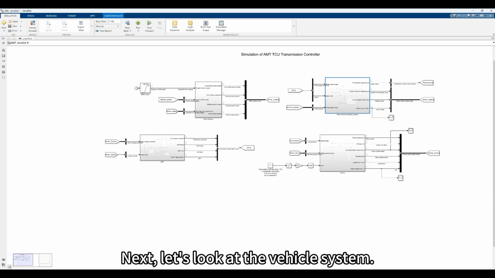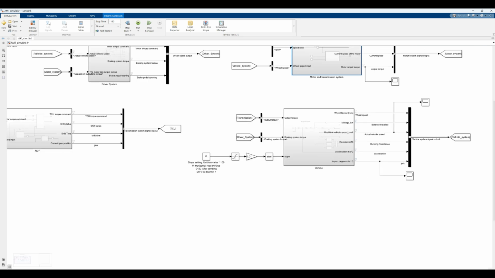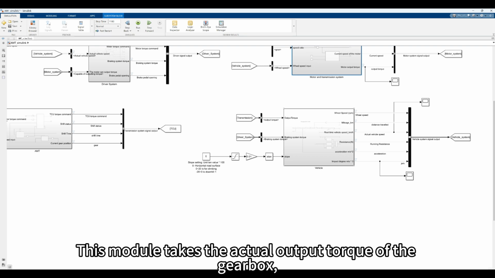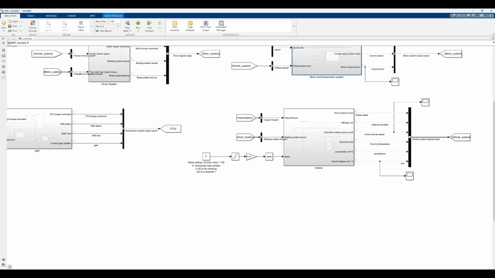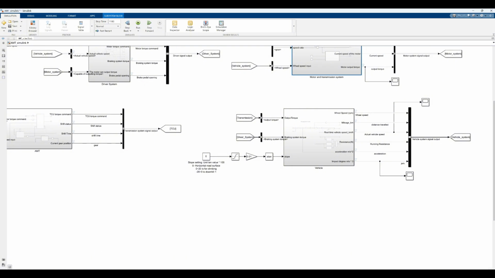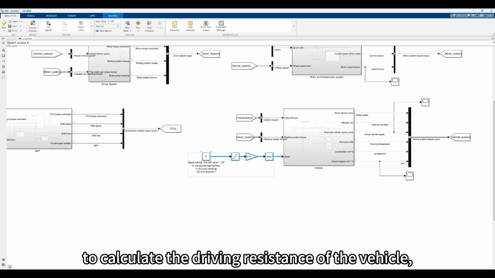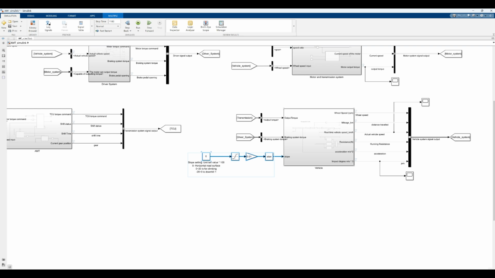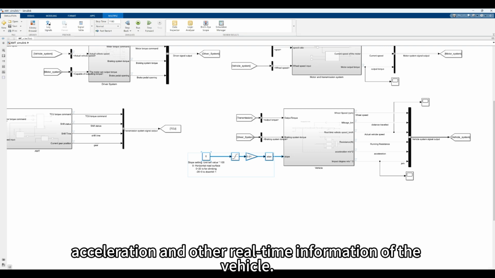Next, let's look at the vehicle system. This module takes the actual output torque of the gearbox, the automatic torque of the vehicle and the slope as inputs, to calculate the driving resistance of the vehicle, mileage, speed, acceleration and other real-time information of the vehicle.